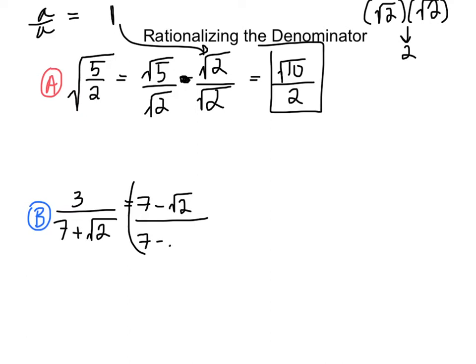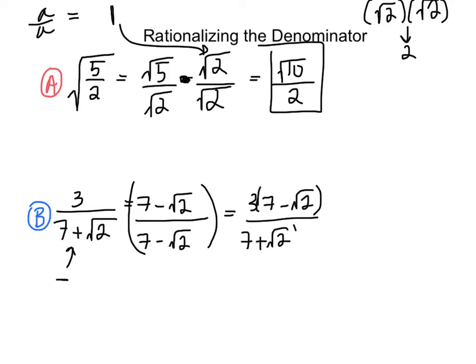So if we take the same thing and flip the plus sign to a minus sign to get our conjugate, and then we're going to multiply both the numerator and the denominator by the same thing once again, because this equals 1. So we have 3 times 7 minus root 2 over 7 plus root 2 times 7 minus root 2.